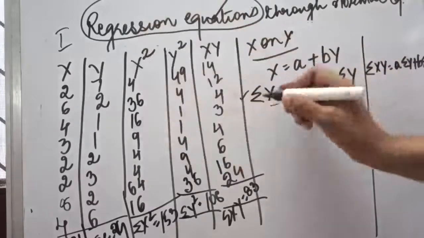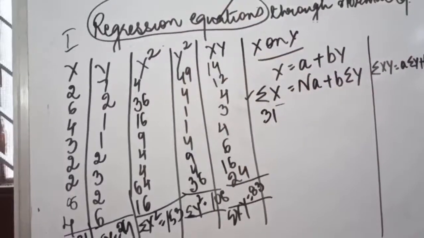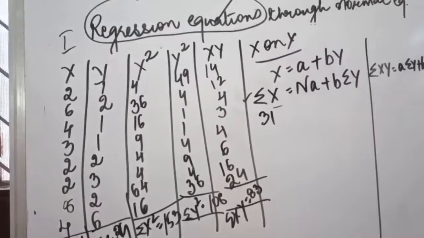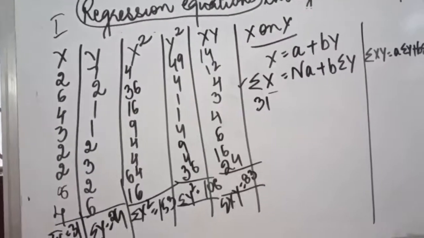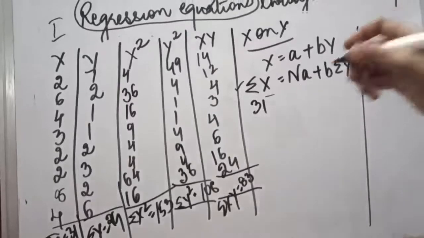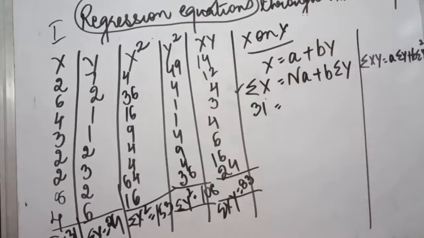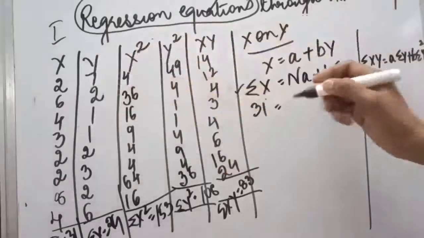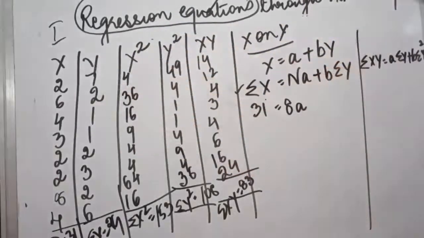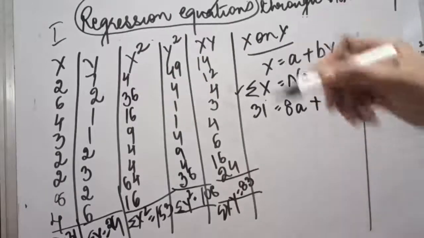So sigma x we have calculated. You can see from the table that when we calculated sigma x, its value came out to be 31. So we will put this value into here. N here is individual series are there, so number of observations. So here n is 8. A is going to be A only, it is intercept, we will not change it, plus B sigma y.